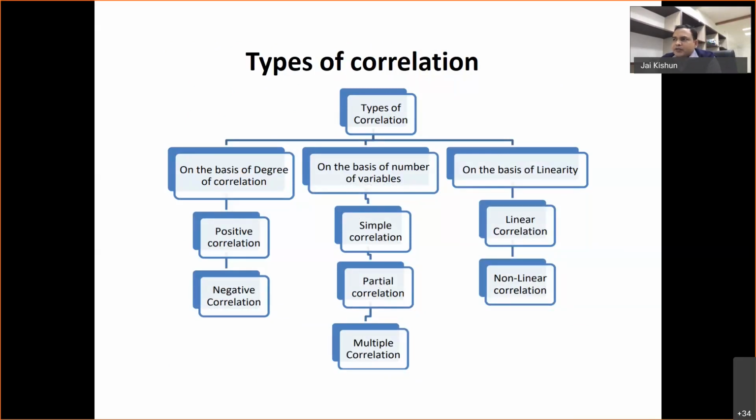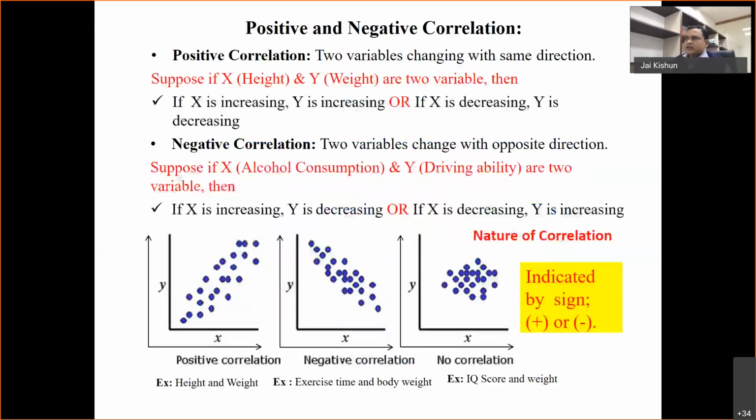On the basis of number of variables, it is simple correlation, and then multiple correlation or partial correlation. And on the basis of linearity, it is linear correlation and non-linear, sometimes called curvilinear correlation. So we will discuss one by one.